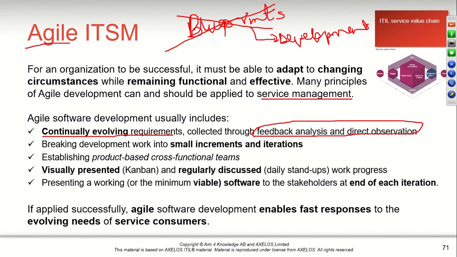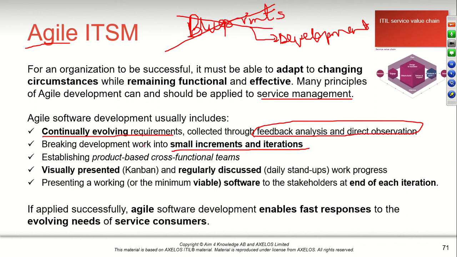Another thing under the agile software development is that you don't develop everything at once, because like we said, you don't get all the requirement at once. So you break down development into small increments or iterations.